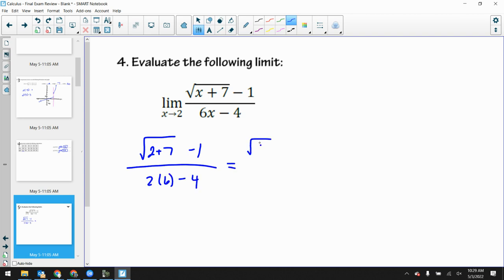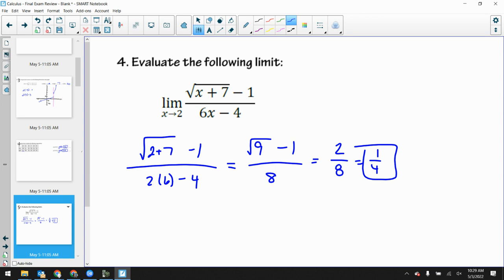That gives me the square root of 9 minus 1, and then over 12 minus 4, which is 8. So 3 minus 1 is 2, over 8 is 1/4.